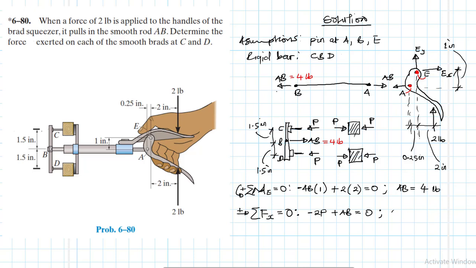We know already what AB is. We already calculated it. It is 4. So we just replace it there. Okay, if we do so, then we realize that our P is equal to 2 pounds. Okay, so I guess we are done. P is equal to 2 pounds.